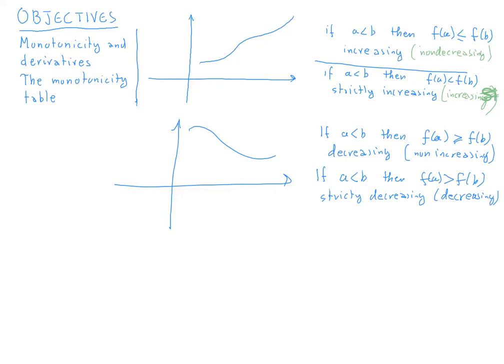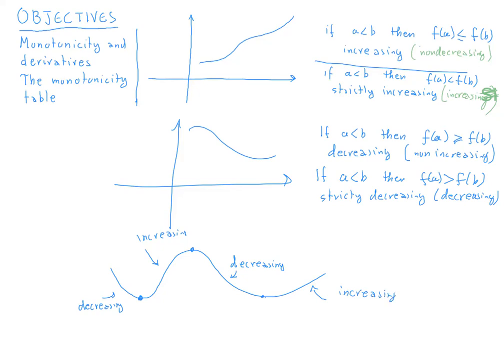Now, what we need to note here is that most functions do not do just one thing. They do all of these things at different parts. So for example, this function is decreasing here. It's increasing here. It's decreasing here. And finally, it's increasing here.